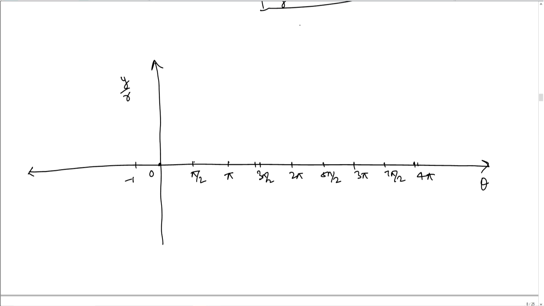On this direction, let us say minus pi by 2, minus pi, minus 3 pi by 2, minus 2 pi.